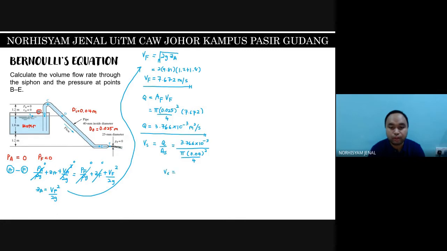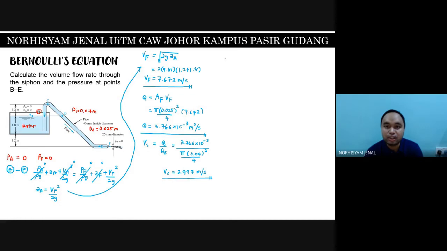So V siphon should equal to 2.997 meter per second. Okay. So when you already get the V for the siphon, which is at point B, C, D, and E, the velocity should be 2.997 over here.